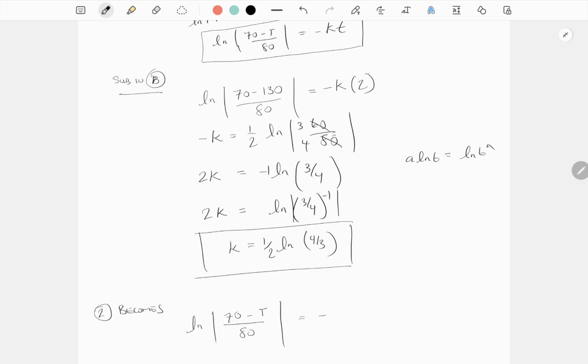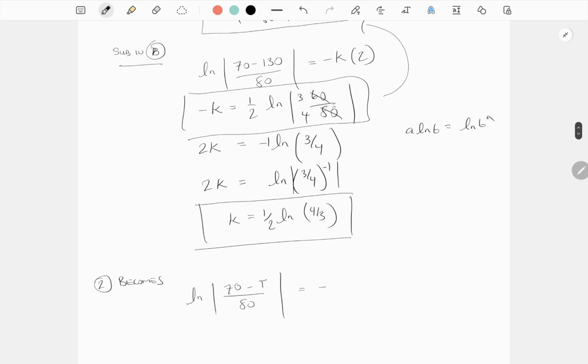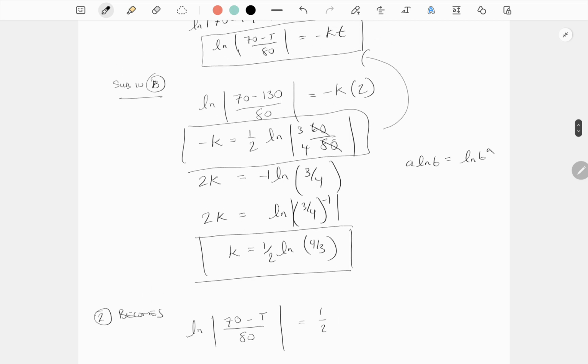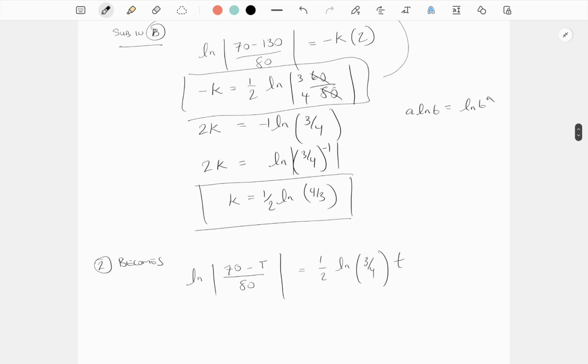Negative k is right there, so I'll just use this negative k. Instead, I can say 1 over 2 ln 3 over 4 times t. Negative k is 1/2 ln 3 over 4. That works well. Now we have our expression.